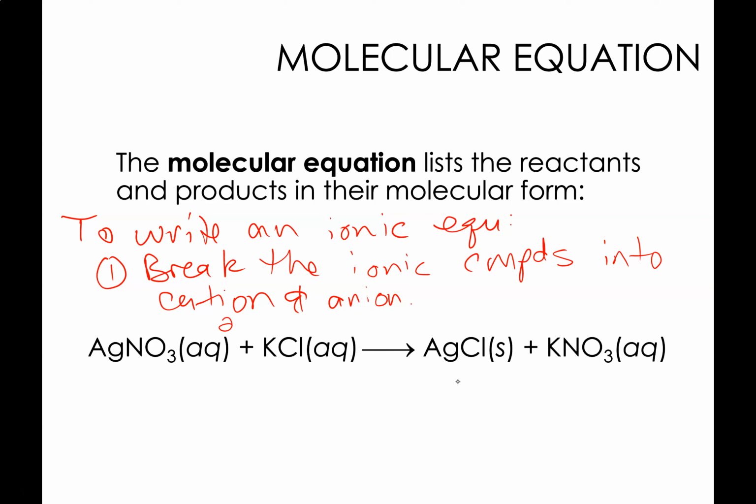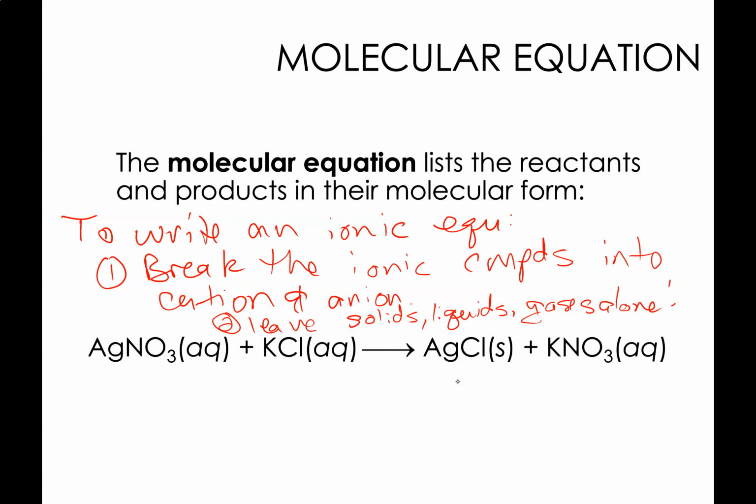And then you're going to leave solids, liquids, and gases alone. Do not break these up. Okay? So first step is to break the compounds into cation and anion. The next is to leave the solids, liquids, and gases alone.